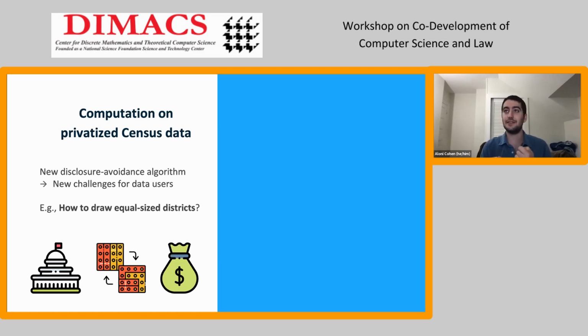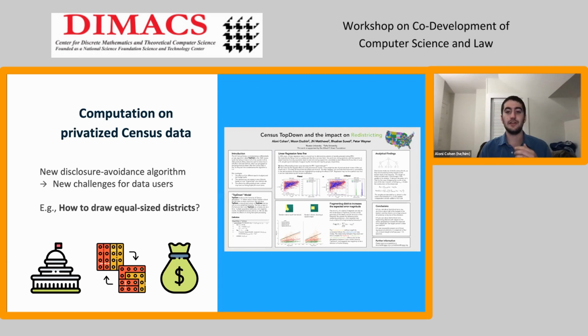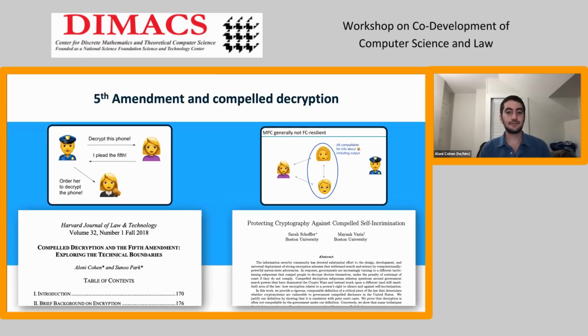We can't hope to even pretend that we get these exactly equal population districts. So what's the best way to draw equal population districts? We can't do what we did before. So anyway, if you're interested in this, there's a poster in the poster session and also in the room at the bottom of Gather about this stuff.